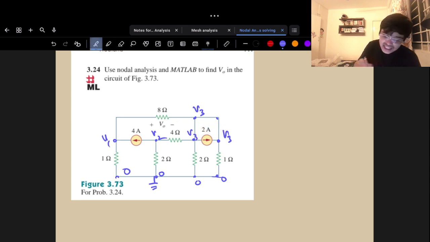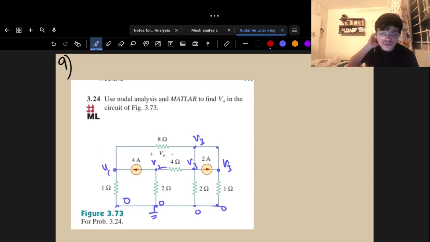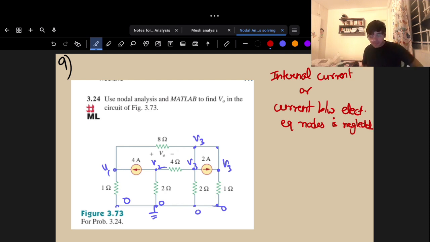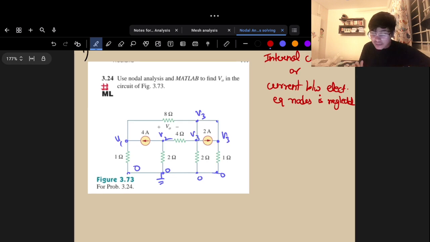The concept here, why I took this particular question, is that internal current, or current between electrically equivalent nodes, gets cancelled or is neglected. That's the concept here.